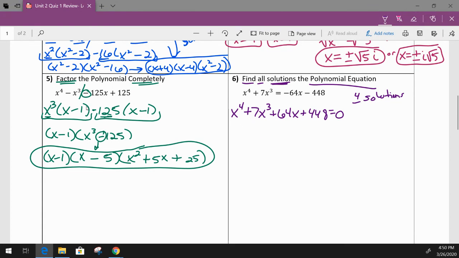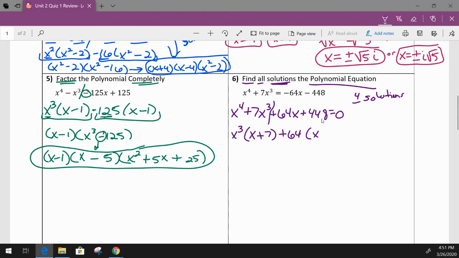All right, so just like the last one, we have 4 terms going on here. So we are going to factor this by grouping. Out of the first 2 terms, I'm going to factor out x to the third, which leaves me with x plus 7. And I'm guessing I'm going to have to factor out this positive 64. So I'll still have an x there because 64 times x is the 64x.